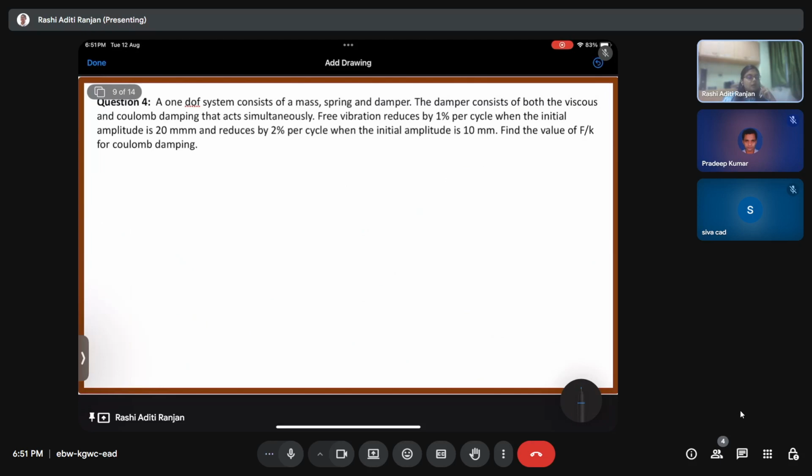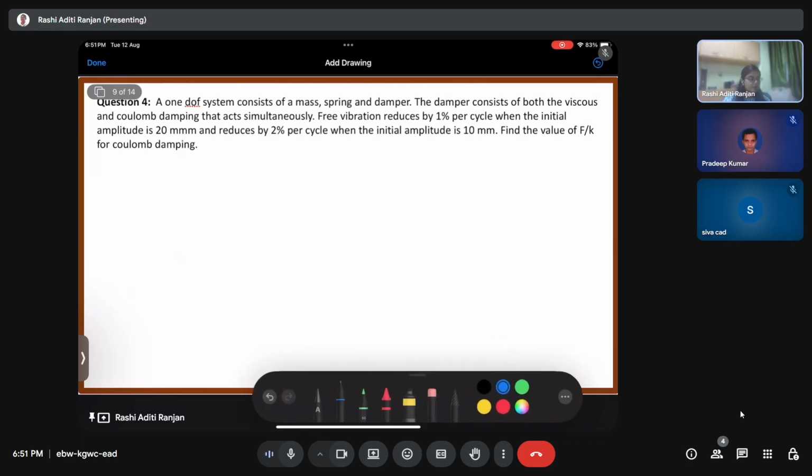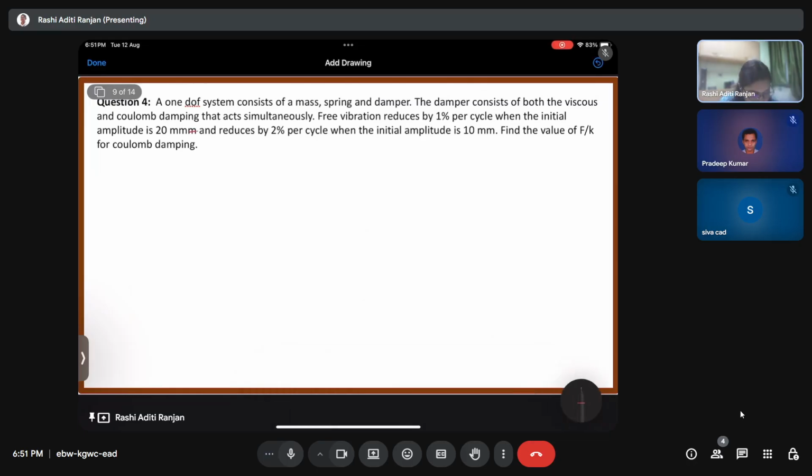Okay, so free vibration reduces by 1% per cycle when the initial amplitude is 20 mm and reduces by 2% per cycle when initial amplitude is 10 mm. So we have to find out the value of F by K for Coulomb damping, where K is the stiffness definitely and F is the friction force.